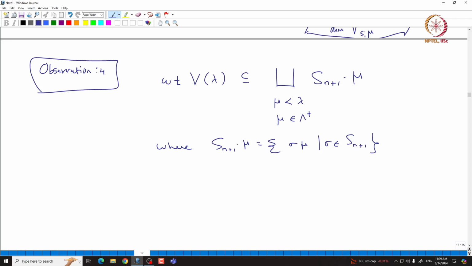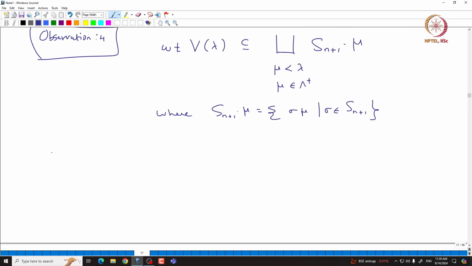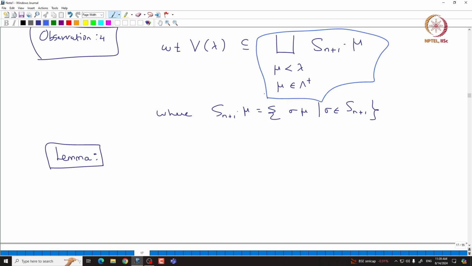Okay. So, note that this is indeed a finite set. Let us prove that as a separate note. Here is the lemma, which will be used later. This lemma tells something about this set. So, this set is indeed finite. That is what this lemma says.